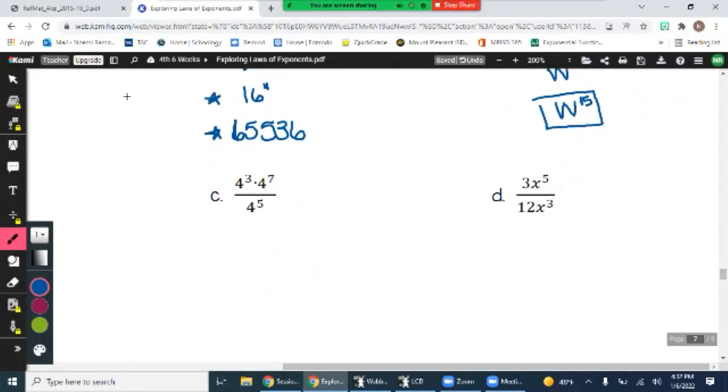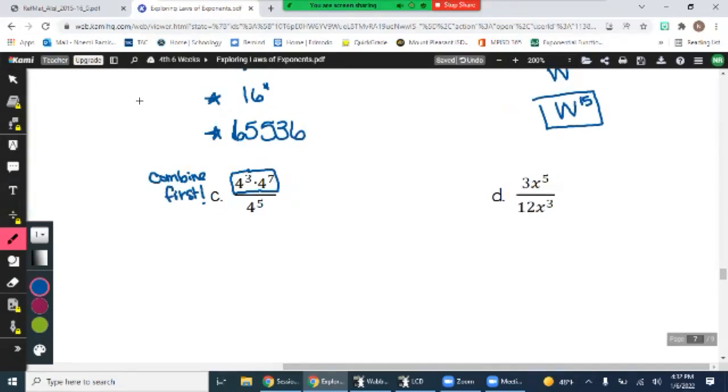Look at C. We have 1, 2, 3 of the same types of powers, but I cannot subtract anything yet until I combine everything that needs to be combined first. So I have to combine these two at the top first.